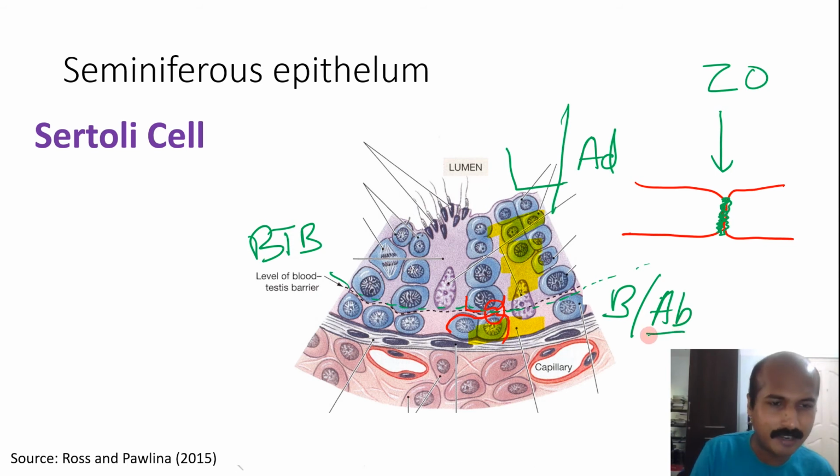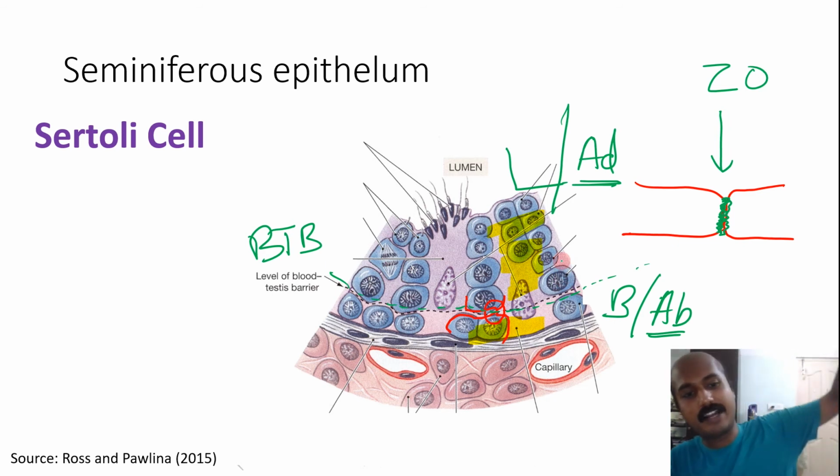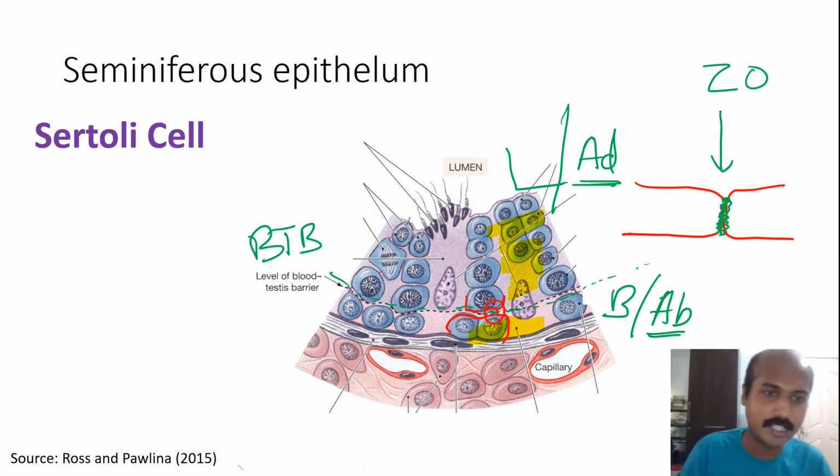This is a little confusing terminology, but you can remember that ab is anything away from the lumen, so it is called abluminal. Ad is anything nearer to the lumen. You can remember this by abduction of the shoulder, which is away from the midline, while adduction is nearer to the midline. So this is the adluminal compartment, the luminal compartment, and this is the basal compartment, or the abluminal compartment.